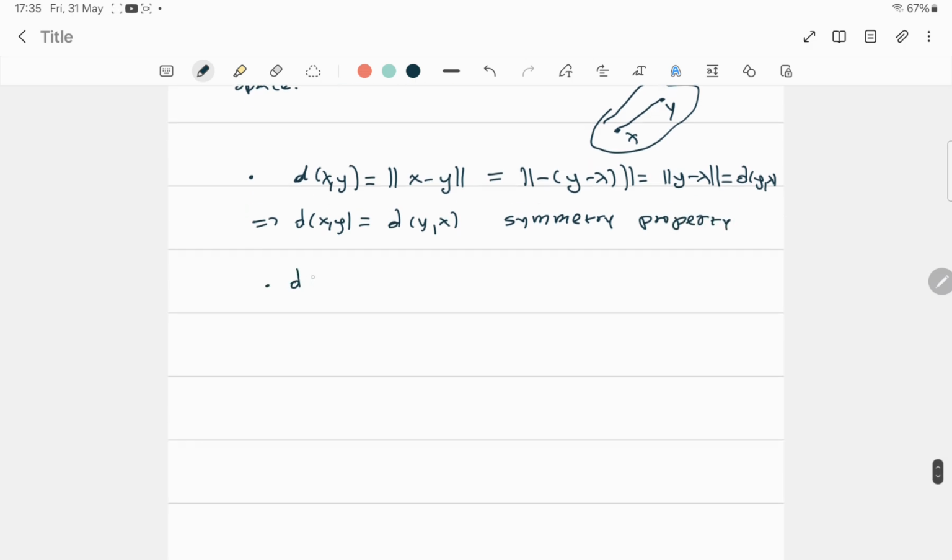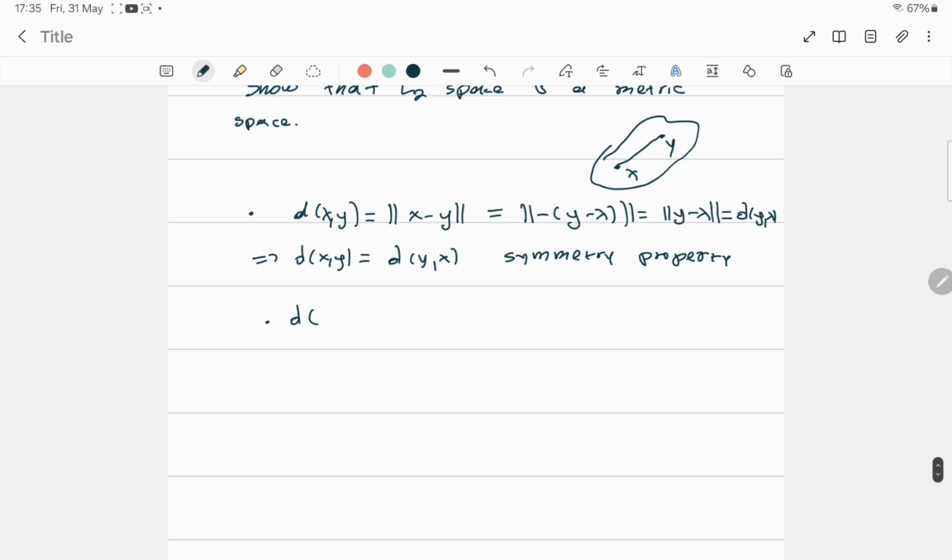Another property is that if x and y are equal, d(x,x) equals the norm of x minus x, which equals 0, which equals the norm of y minus y, d(y,y).